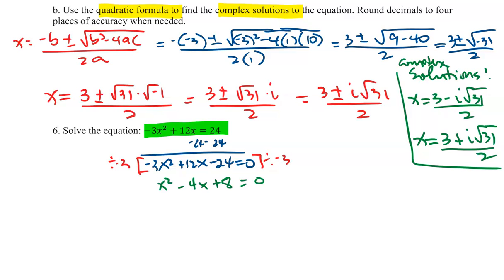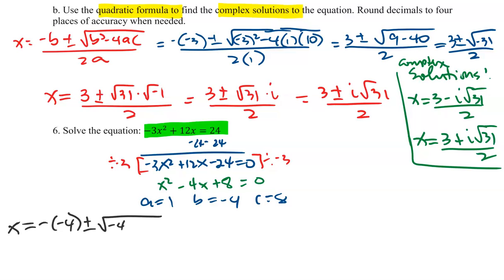So that we can have here a is equal to 1, b is equal to -4, and c is equal to 8. Now let's use the quadratic formula. Negative b, so negative of -4, plus or minus the square root of b squared, so -4 squared, minus 4ac, all over 2a, 2 times 1.